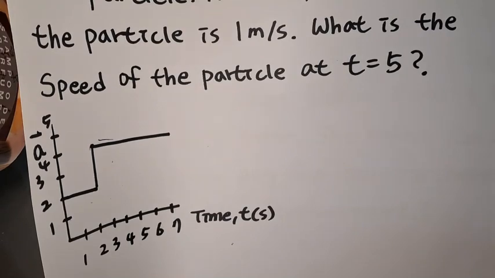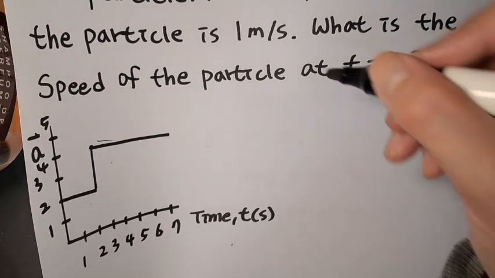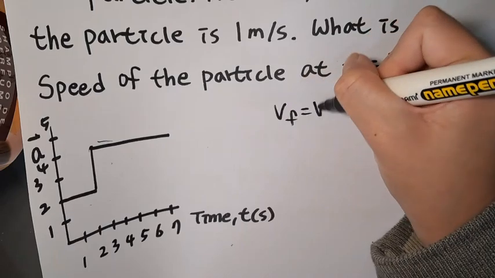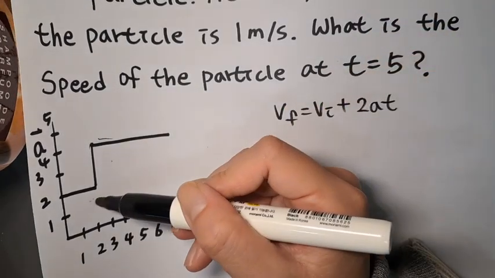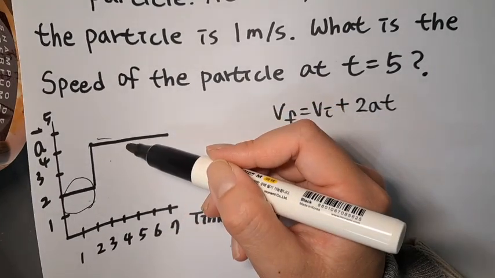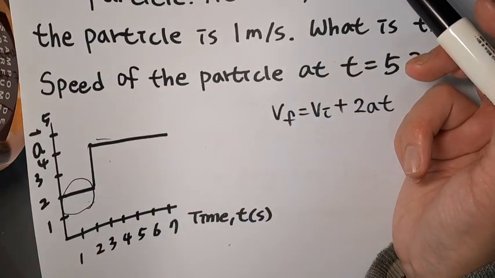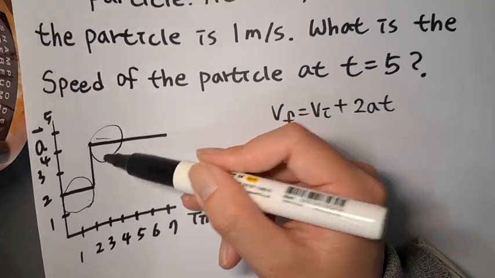So we'll use this equation. So we are going to find the velocity of this part and this part.